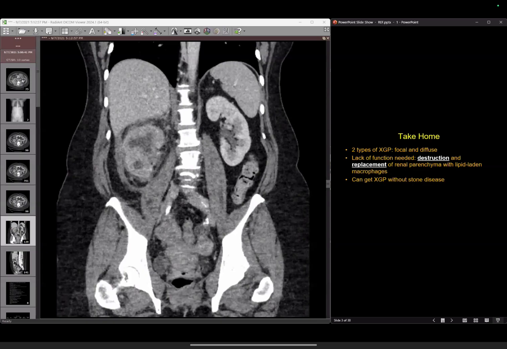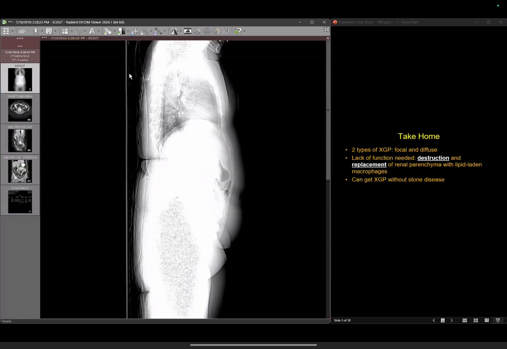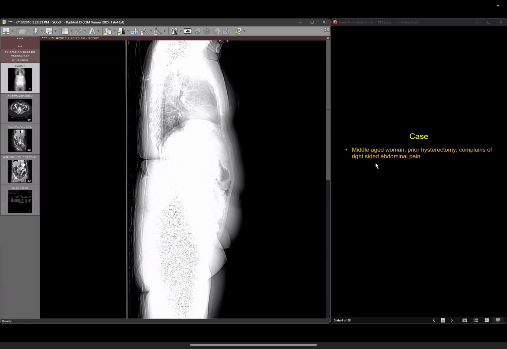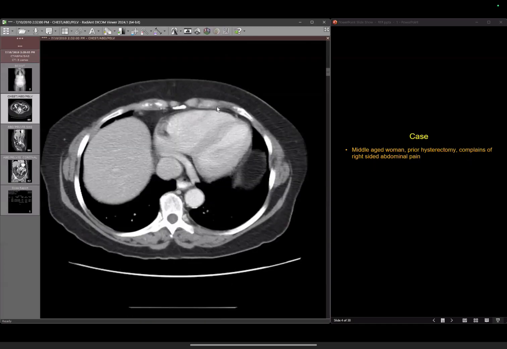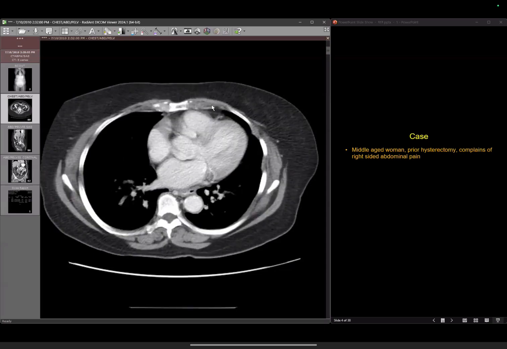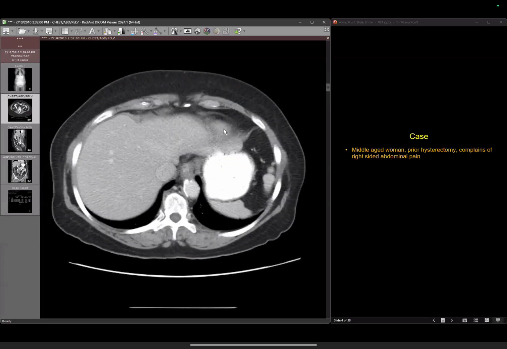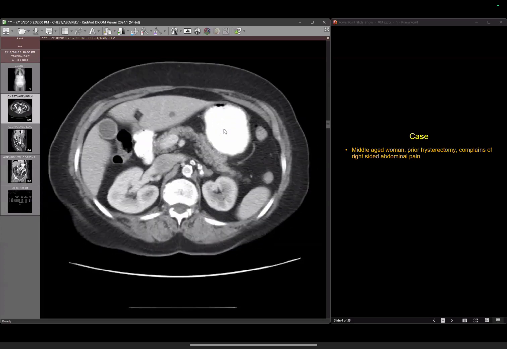Now we go back to Team Kusum, and this is the second case. Sorry, we already did that. Yeah, so this is a middle-aged woman, prior history of hysterectomy and complaints of right-sided abdominal pain. So I'm going to show you her CT. I'm going to march slowly again so you can make the relevant findings.